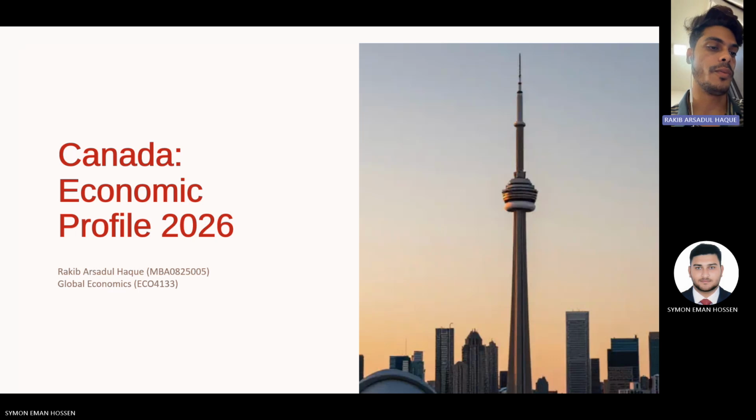Today we will be conducting a comprehensive strategic assessment of the Canadian economy as of April 2026. Canada currently finds itself at a critical junction, balancing its traditional identity as a resource powerhouse with a pressing need for structural modernization.